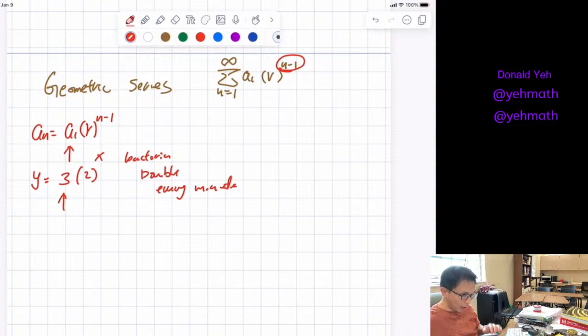Then what we're going to talk about is when it converges and when it diverges. So it converges when r is less than what?